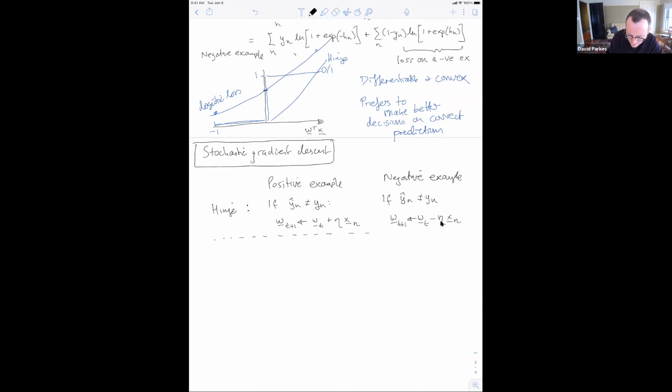And if you take the gradient of the logistic loss function, this loss here, then this is what you get. For a positive example, you get that expression.